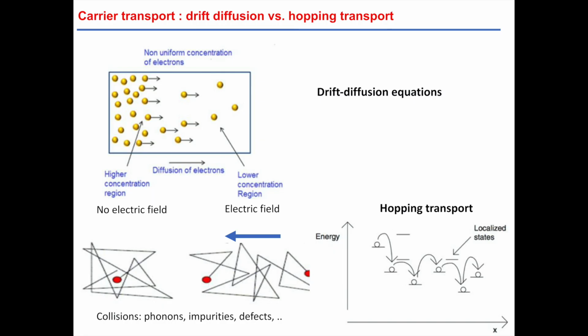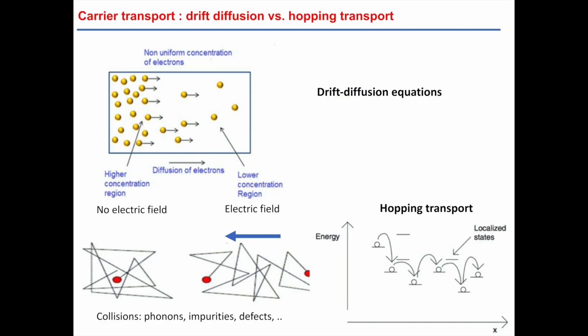As Marcel told you, we don't have yet a full description of transport in our disordered system. So what we did so far is to use classical transport, what we call drift diffusion equations. We just say that when you have carriers somewhere in the material, carriers can move because of diffusion. You have unequal, non-homogeneous population of carriers, so they can diffuse or they can drift due to an applied electric field. So those are the so-called drift diffusion equations.